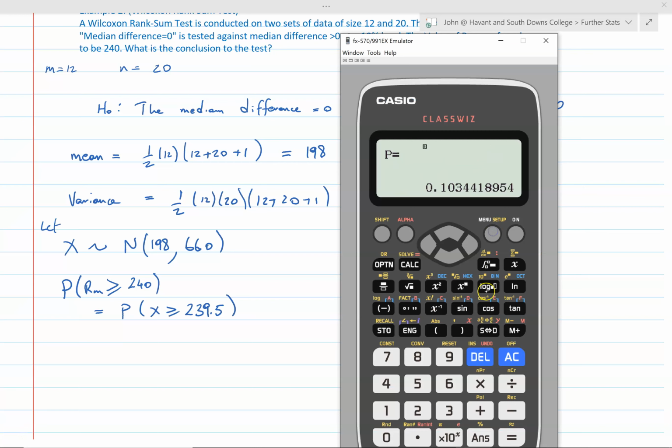So menu 7 on the calculator again, press 2.